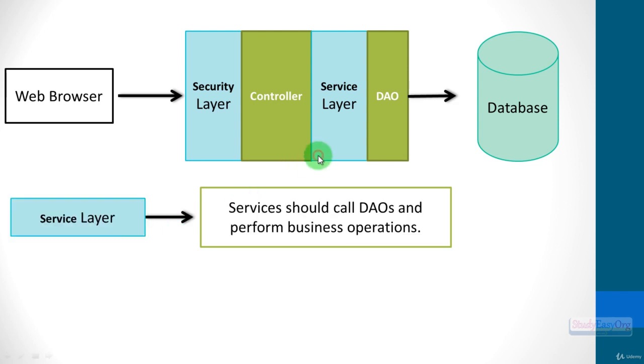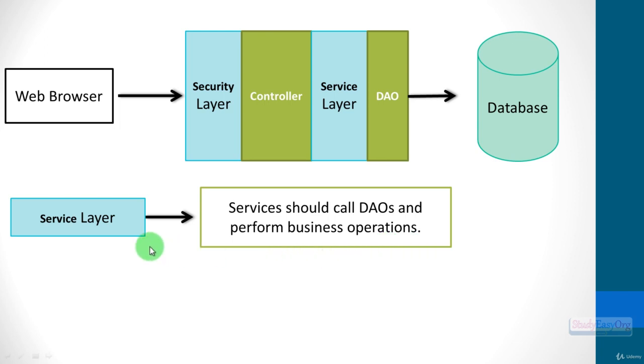Let's proceed further. Then we have the service layer. Service layer should call DAOs and perform business operations. Now DAOs have the methods which will be interacting with the database, and in the service layer we will do some specific business operations which are based on data, and from where we will get data, we will definitely call DAO methods in order to get the data.